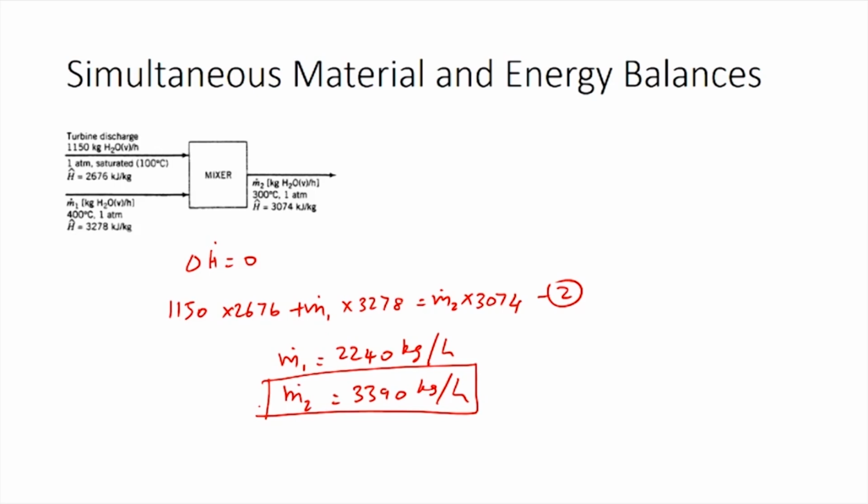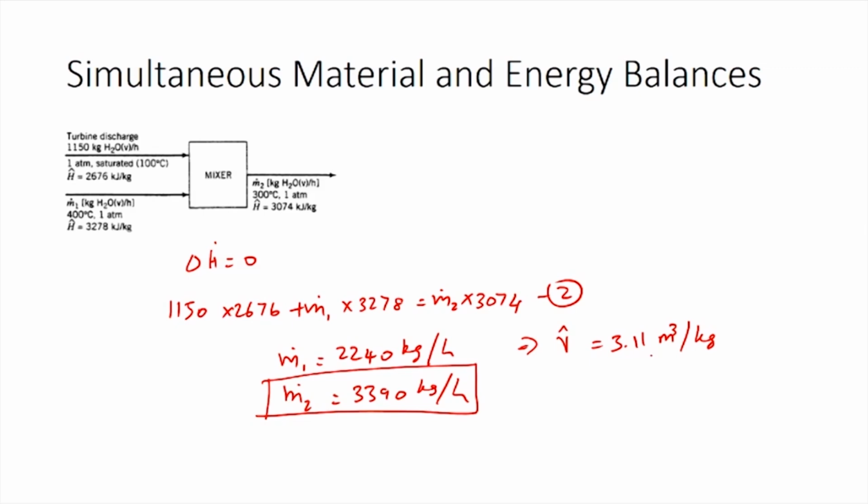We have also been asked to calculate the volumetric flow rate of the superheated steam at 400 degrees Celsius which needs to be supplied to the mixer. We have the mass flow rate, so we can convert this to the volumetric flow rate using the specific volume data which is available in the steam tables. The specific volume for this particular condition is 3.11 meter cube per kilogram.